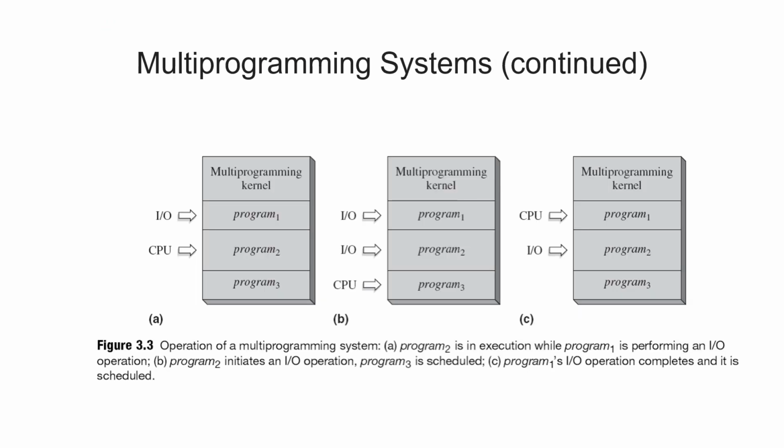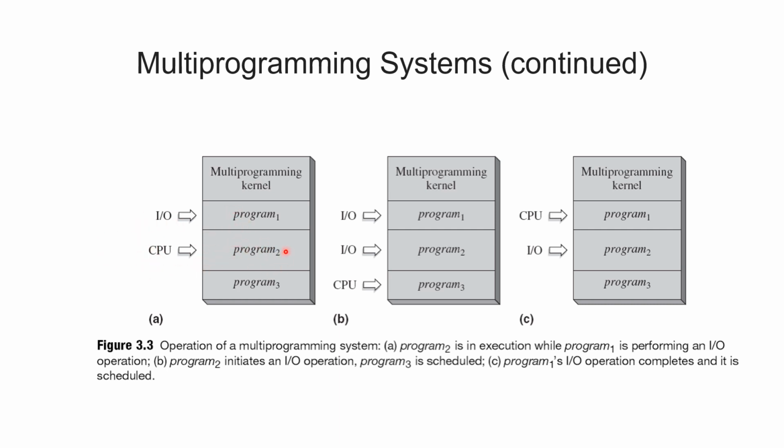Now see in this figure the operations of the multiprogramming system. In this multiprogramming kernel, consider the memory. In that memory I have three programs: program 1, program 2 and program 3. Program 1 executes under the input output operation, and program 2 executes under the CPU.